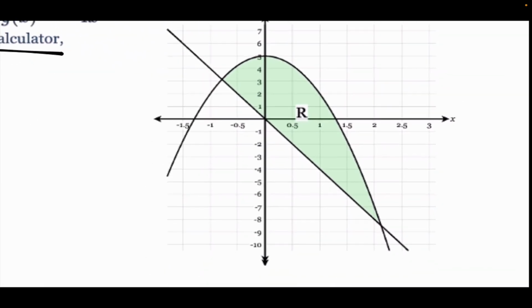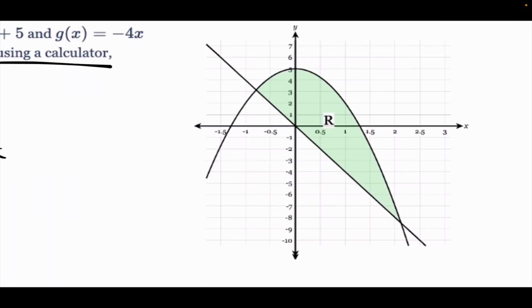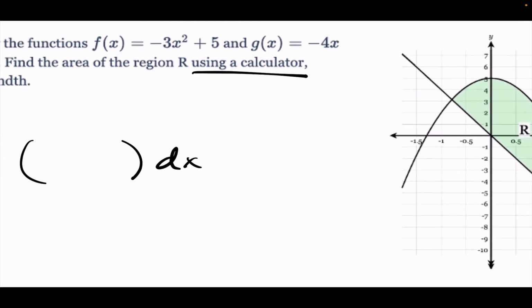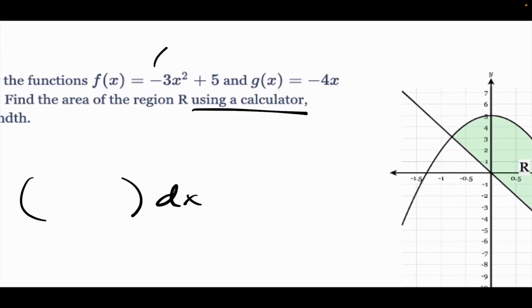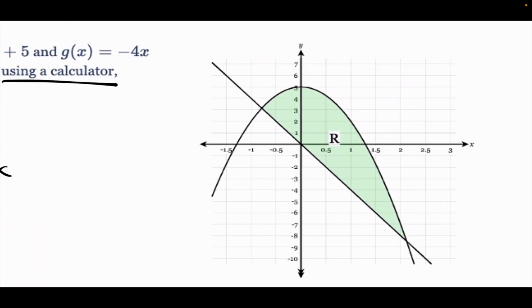So, which function is on top of the green? Which function is on bottom of the green? So f of x is quadratic again, right? So we know, and it's got a negative, so we know it's going to look like that, right? So f of x is on top. So f of x is this guy here.